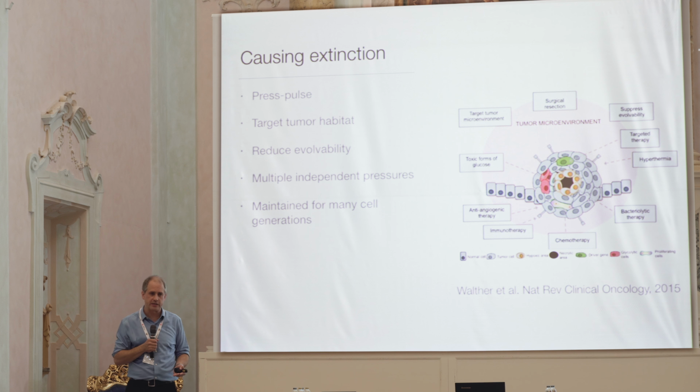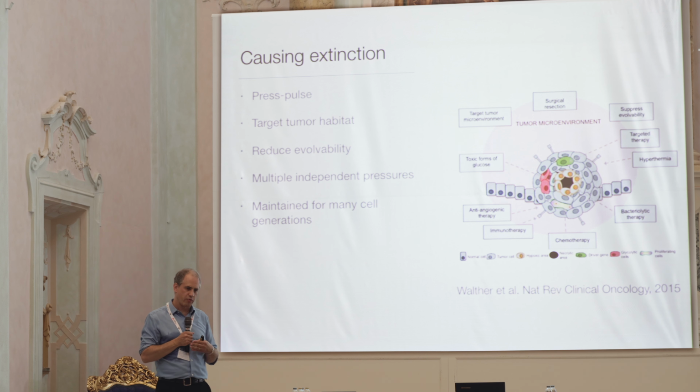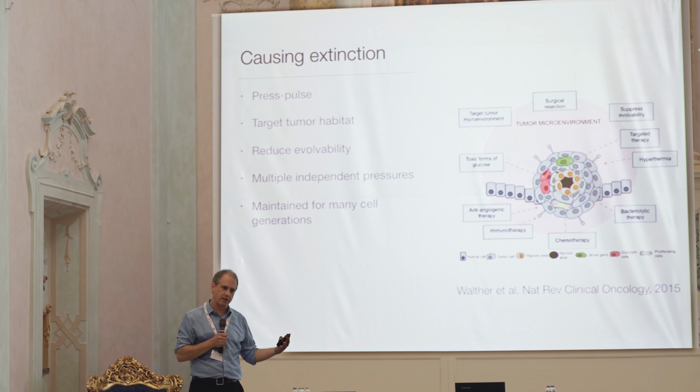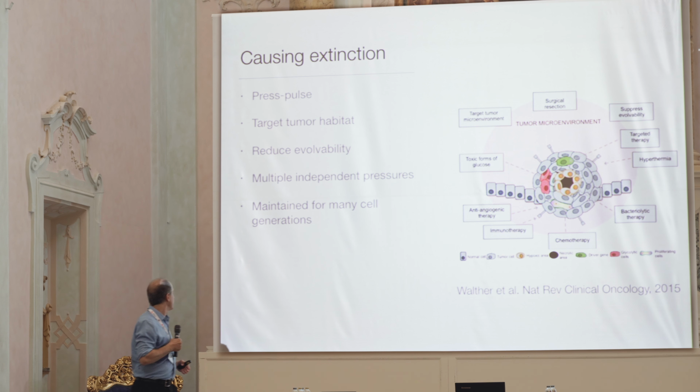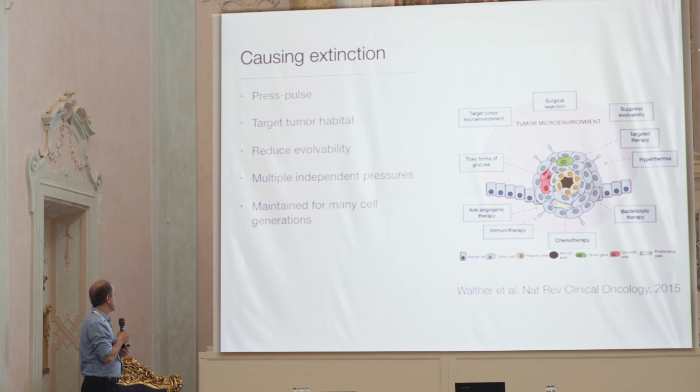What you learn by studying species extinction is that you need more than one selective pressure. Usually there's what we call in paleontology a press-pulse dynamic, where a population is stressed, it's pressed by some selective pressures, and then there's an acute change that drives them extinct. And those pressures have to be very independent and maintained for, in the case of species, thousands of generations.